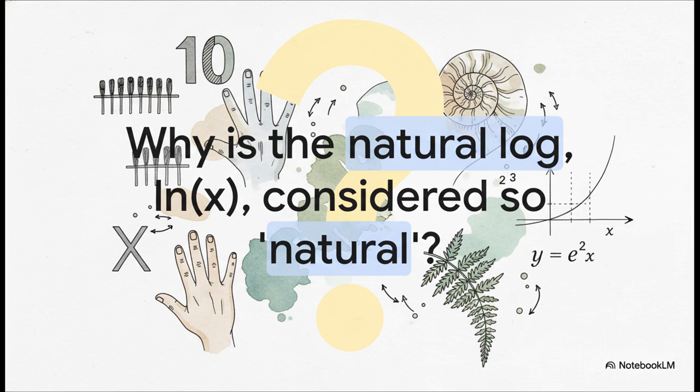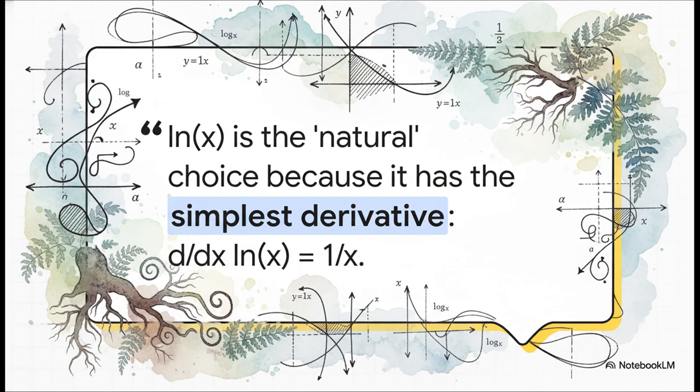Okay, base 10 makes sense, right? Our whole number system is base 10. But what about e? Why is a logarithm with this weird, unending decimal base of 2.718 considered natural? What's so natural about it? And here's the payoff. The real reason the natural log is so special is calculus.